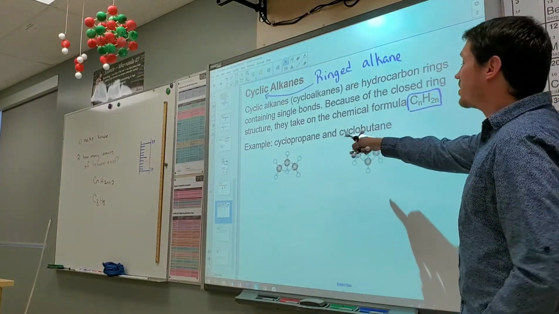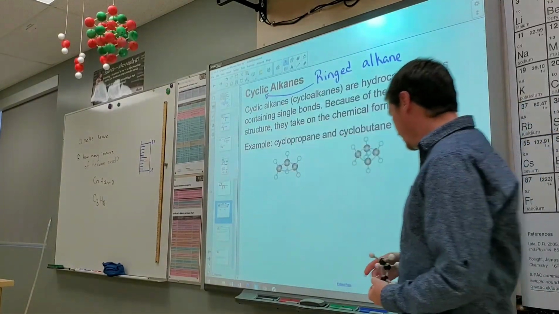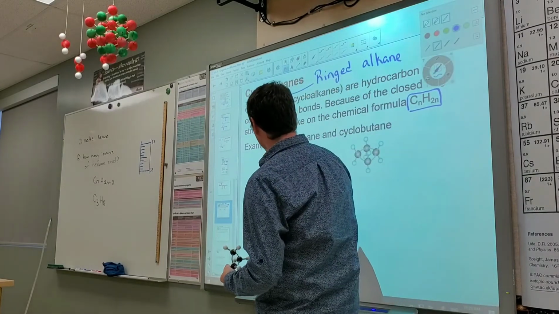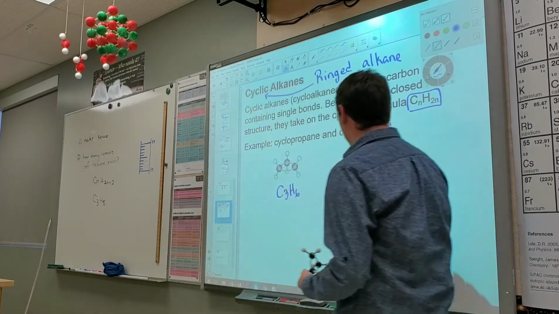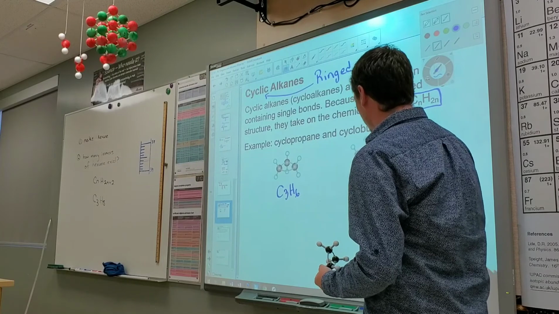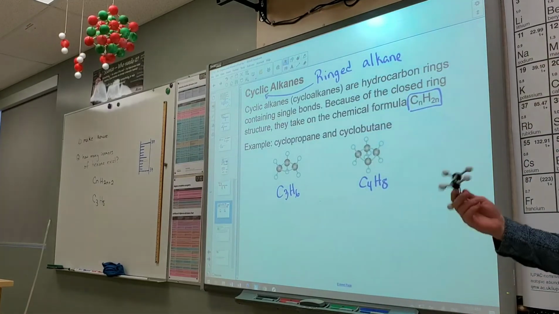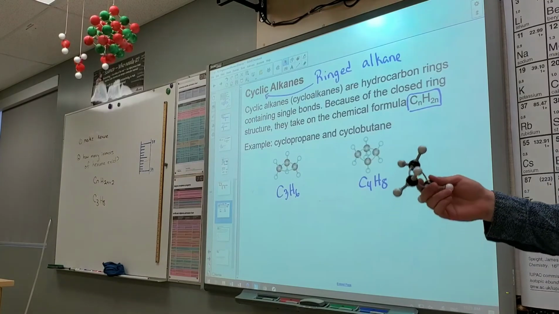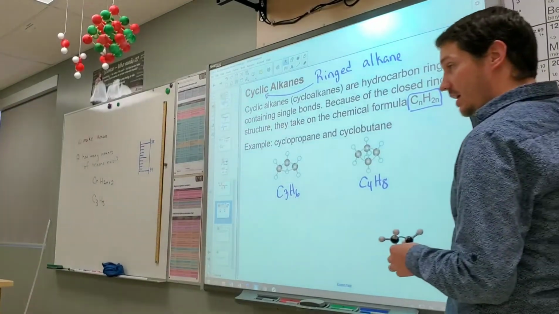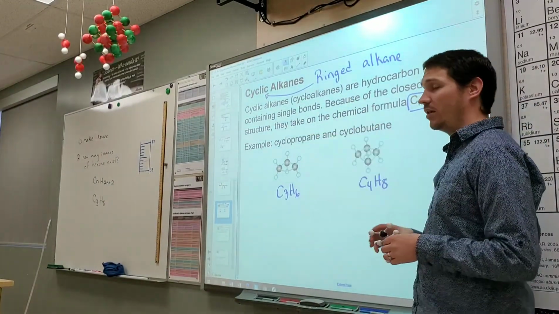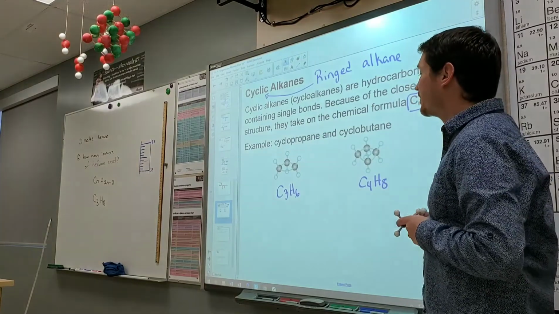So cyclopropane and cyclobutane are C3H6 and C4H8. So this is the first time that we've deviated away from the normal alkane formula.